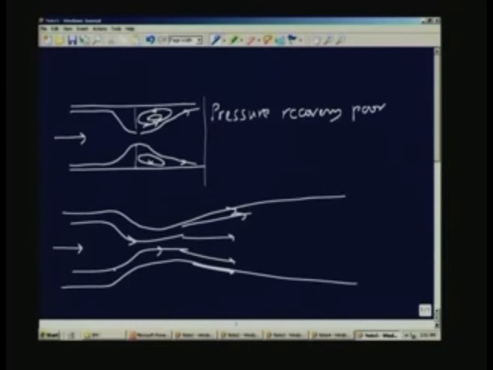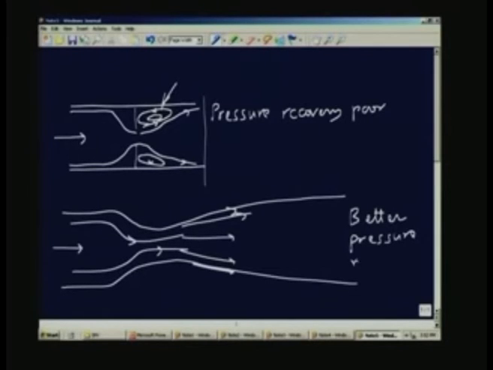The flow separation and formation of a vortex there is not present, and therefore the pressure recovery is much better. So, we will say better pressure recovery.